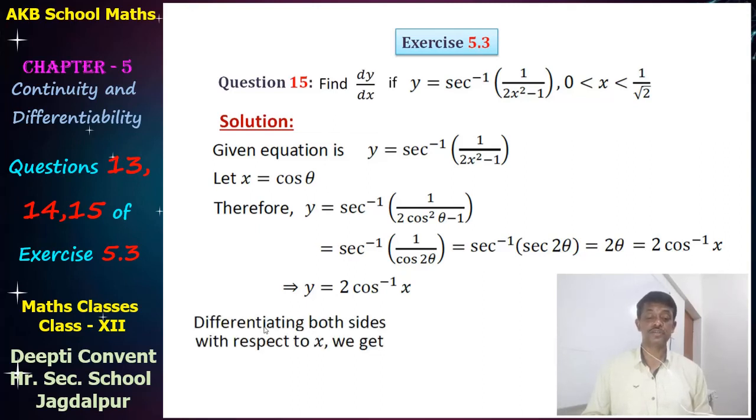Now differentiate both sides with respect to x. dy/dx equals 2 times minus 1 upon √(1 − x²), the derivative of cos⁻¹x. You know the formula. That's why minus 2 upon √(1 − x²). So this was the derivative of y. That is the solution of question 15.